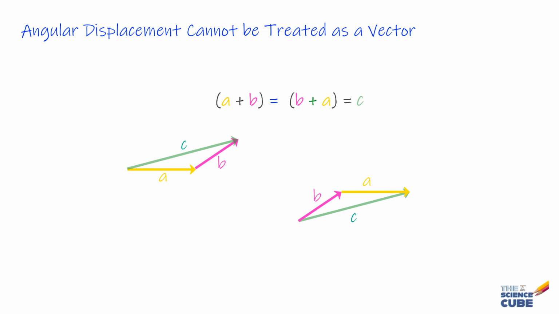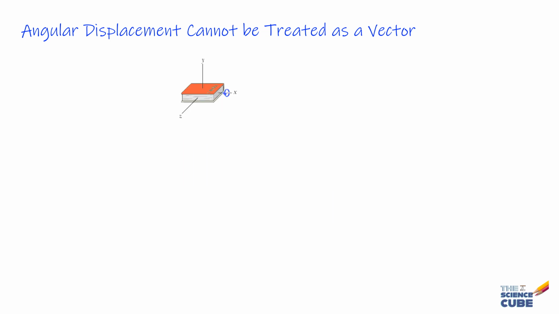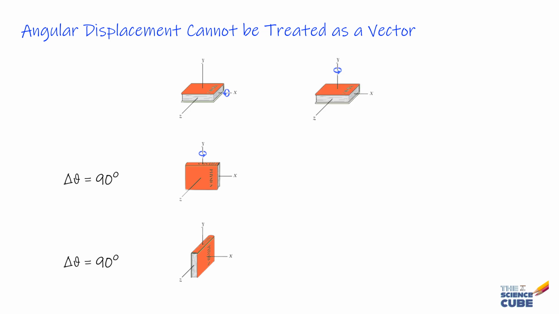And here is an example that will make it really clear. So, take a book that is initially horizontal and turn it by 90 degrees. First like this and then like this. So basically these are two angular displacements. Now let us go back to the initial position and give the same book two 90-degree angular displacements like this.